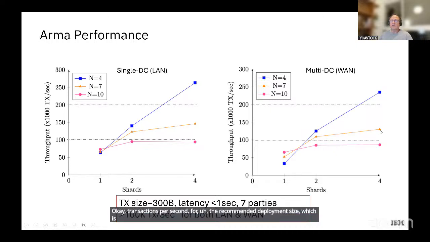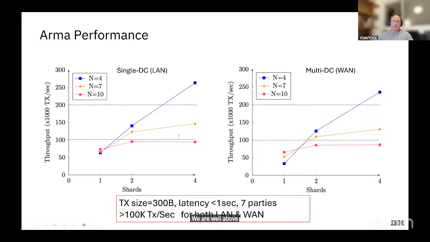So with 7 nodes and 4 shards, we are well above 100K transactions per second. The main message here: we have a high performance ordering service in which for both LAN and WAN, we reach above 100K transactions per second.